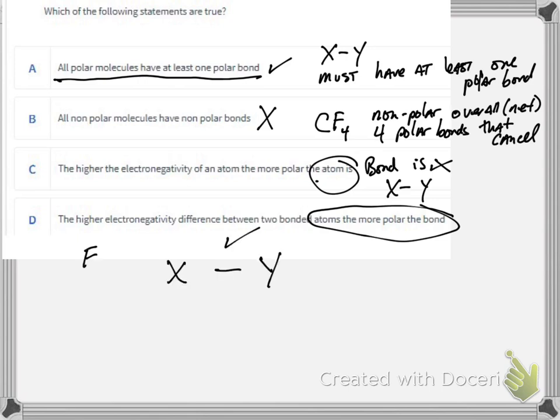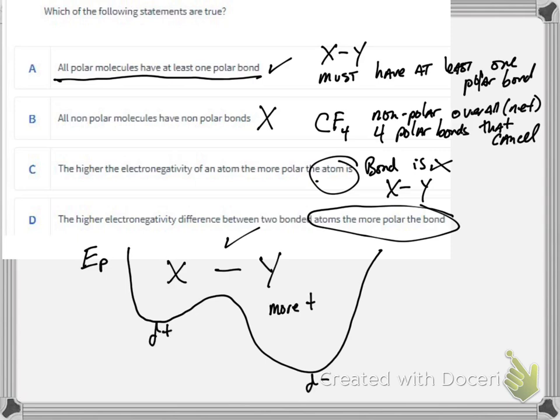So let's look at a model here. If X has lower electronegativity, meaning it's less stable with higher potential energy, and Y is more electronegative, then we would see an energy environment like this. And so what would happen is the electrons in the bond are going to spend more time around the more stable atom.